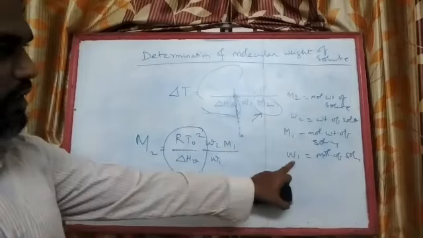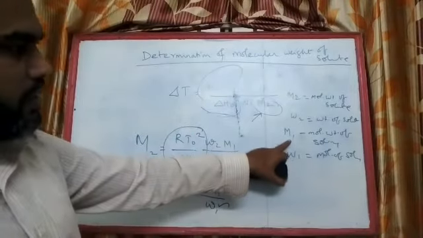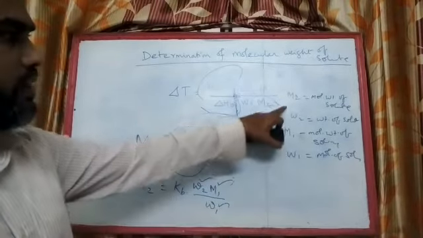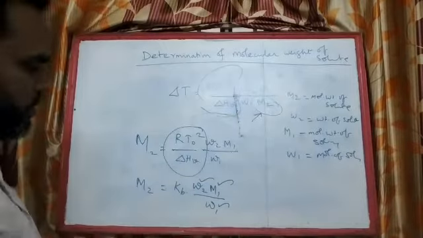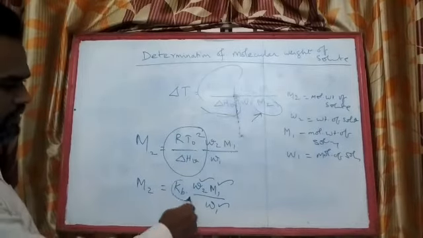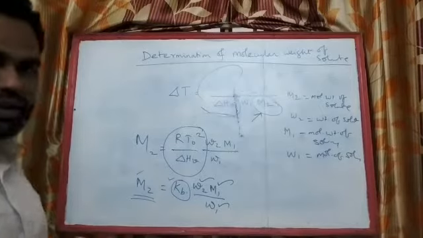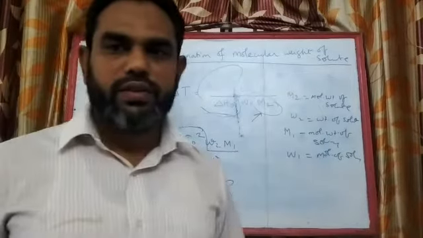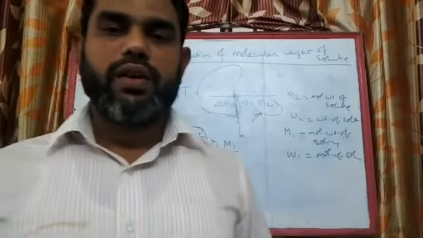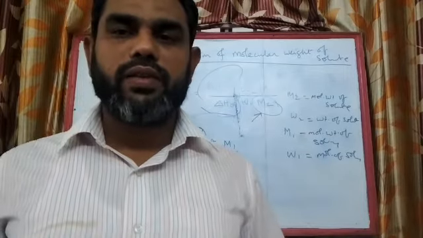W1 is the weight of solvent, M1 is the molecular weight of solvent, W2 is the weight of solute. If you know these parameters along with the ebullioscopic constant, you can find the molecular weight. Let me give you a solved problem, and then you can try further.